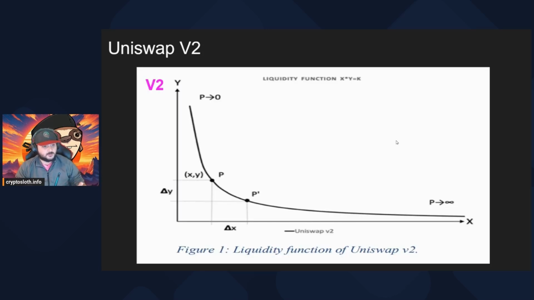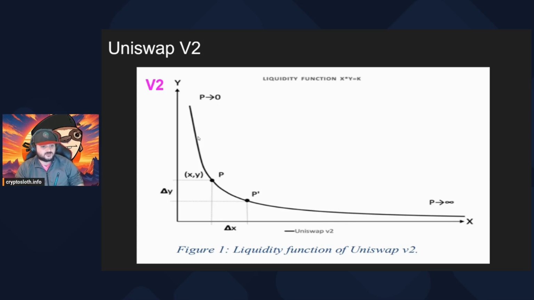If we take the formula x times y equals k and we plot it on a graph, this is what we get. On the bottom you have x, and at the top we have y. Now, this graph gets across a very, very important concept in V2 liquidity, and that is that your liquidity is spread across all possible prices between the two assets that you've provided liquidity on.